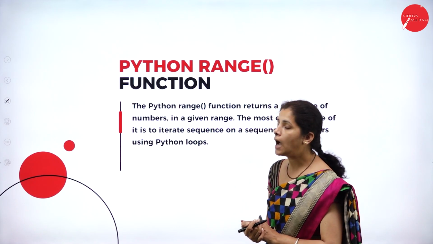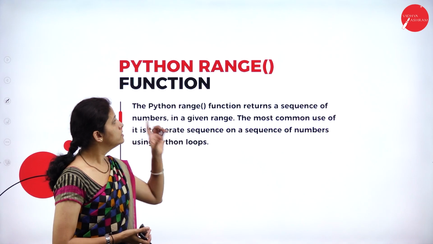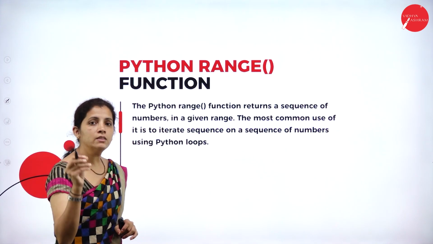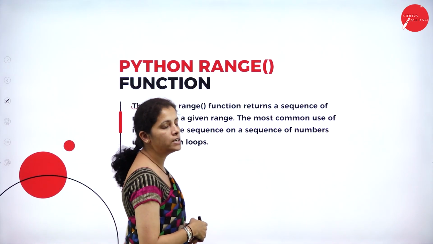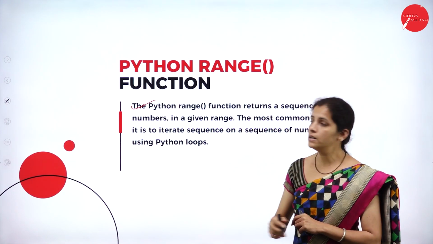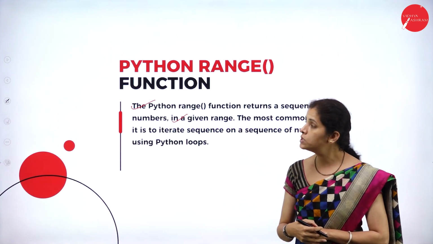Now, I'm going to cover the range function. Dear student, just remember that I'm going to use the range function with the for loop. The Python range function returns a sequence of numbers in a given range. Why am I going to use the range function?